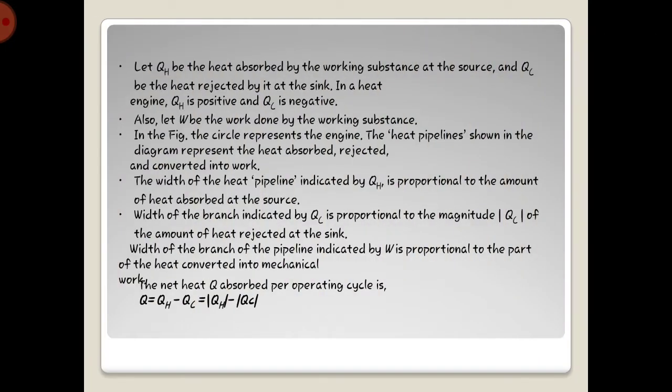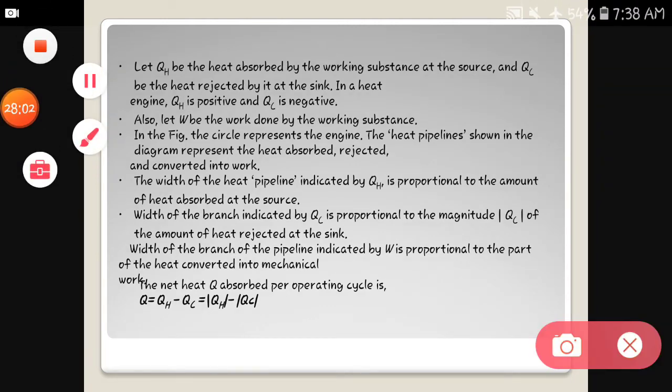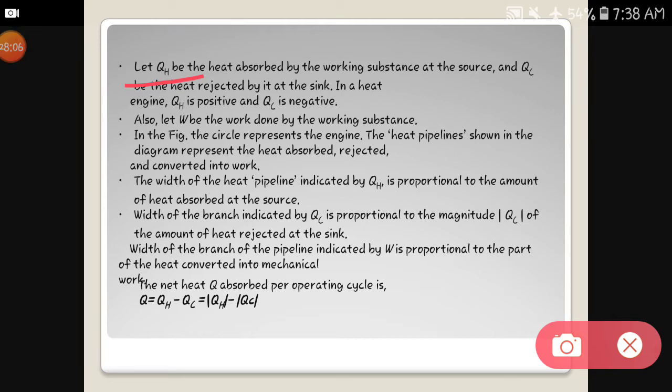We are going to consider QH as the heat which is absorbed by the working substance at the source. As we know, the source is at higher temperature, so the temperature of the source is TH.